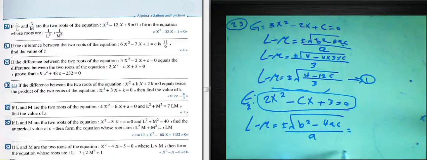b squared, negative c squared equals c squared. Subtract 4a, a was 2, multiply constant 3, over 2.